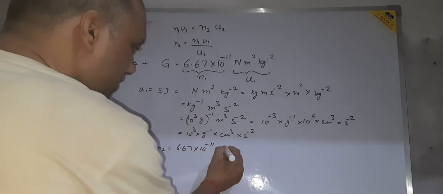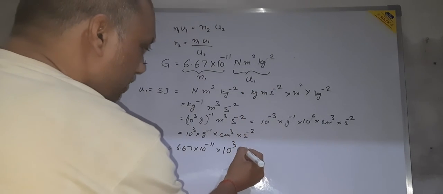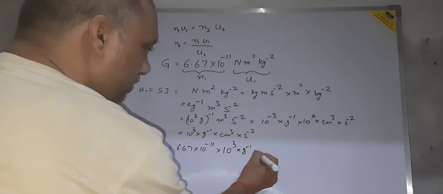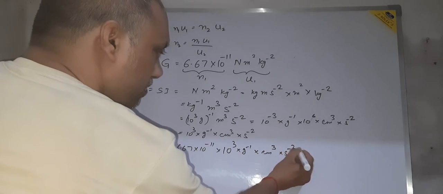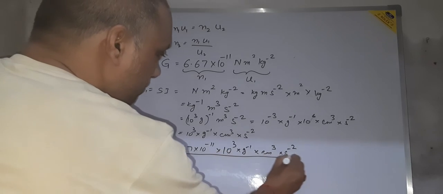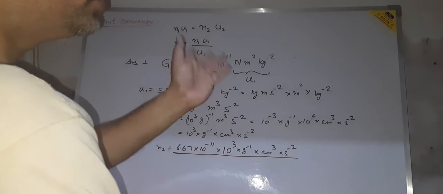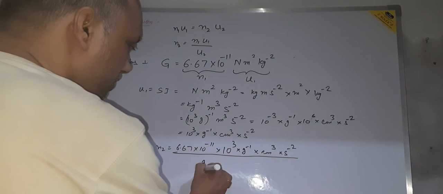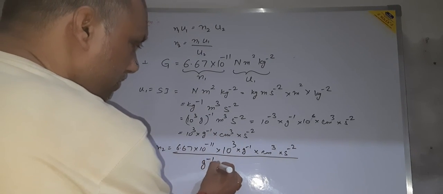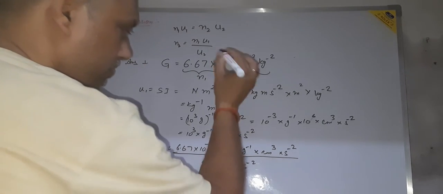So u1 becomes 10 to the power 3 into gram minus 1 into centimeter cube into second minus 2, divided by u2. It means the unit which you want to convert to. So I want to convert them into the CGS unit, so it has become gram minus 1 into centimeter cube into second minus 2.